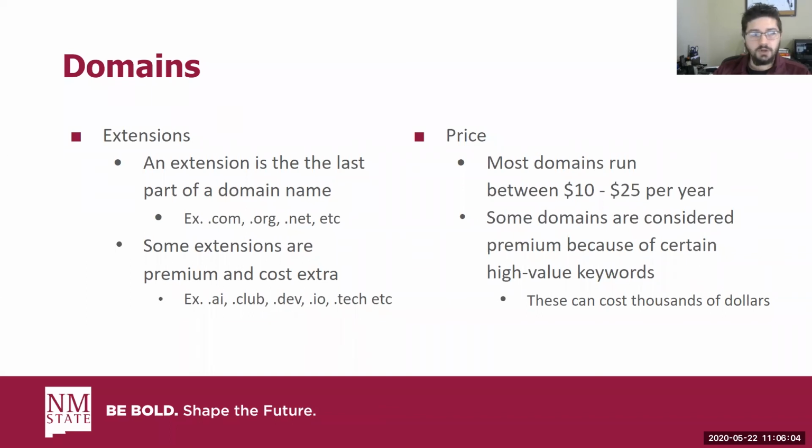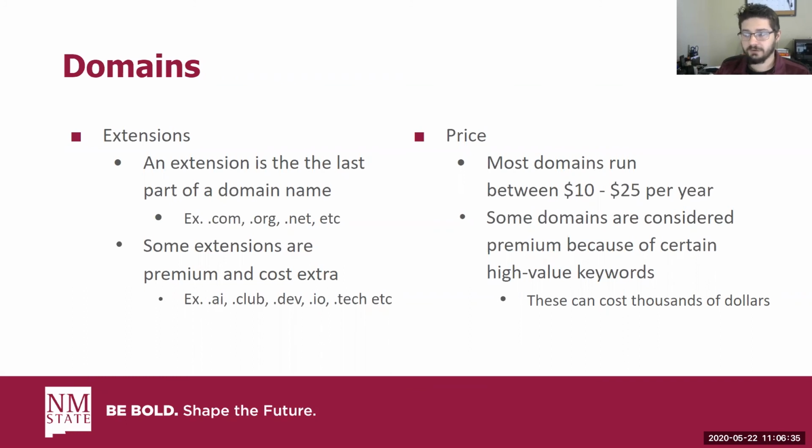Domains themselves are like real estate. They're like digital real estate and digital property. So in certain cases, there are more premium locations, and so the pricing of a domain can vary. Most domains run between $10 to $25 per year, depending on where you buy it from. But because of certain high-value keywords, they can cost a lot more than that.